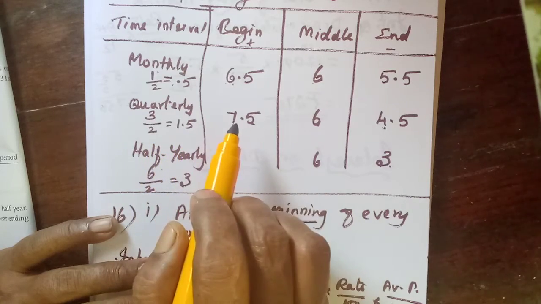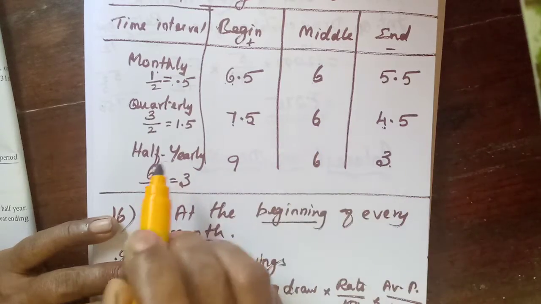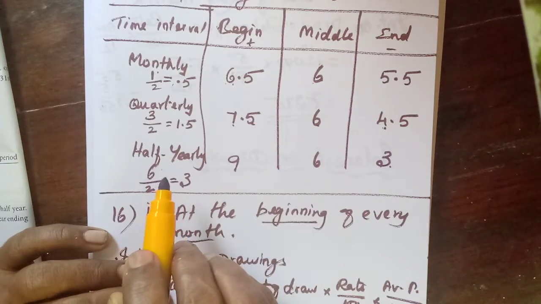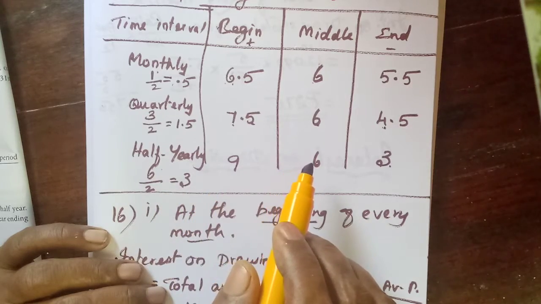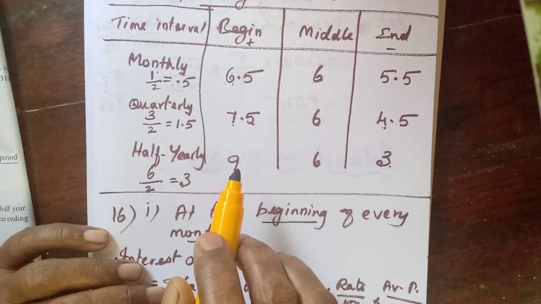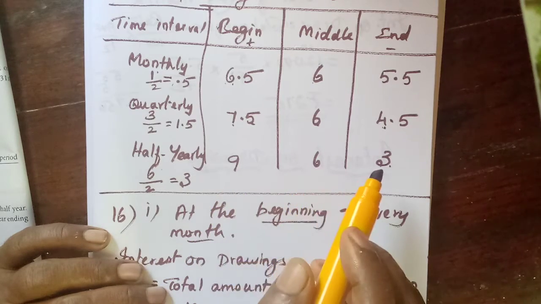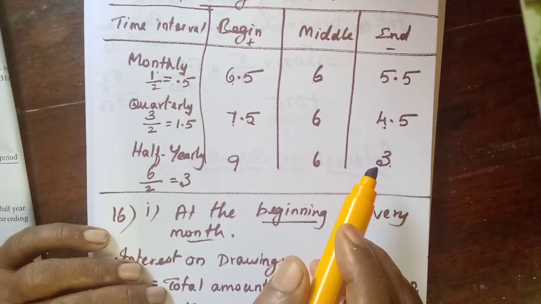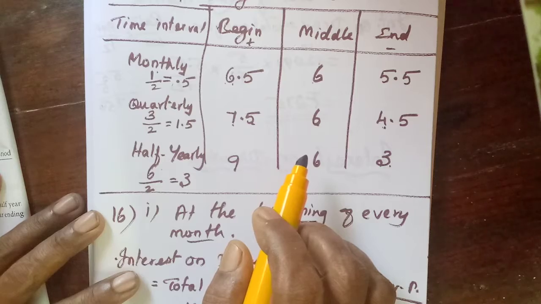That 1.5 we need to add for the beginning, and for the end we need to subtract from 3. Then for half yearly, how many months? 6. So 6 divided by 2 is equal to 3. That 3 must be added for the beginning of the half yearly, and that 3 must be deducted from 6 to calculate the average period at the end of the half yearly period. This is what you have to remember.